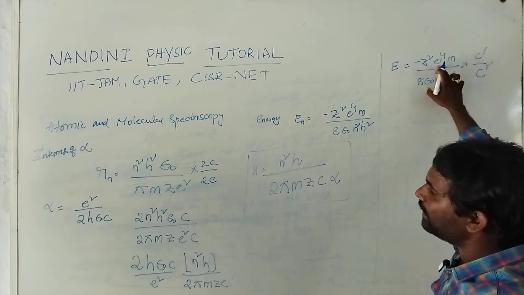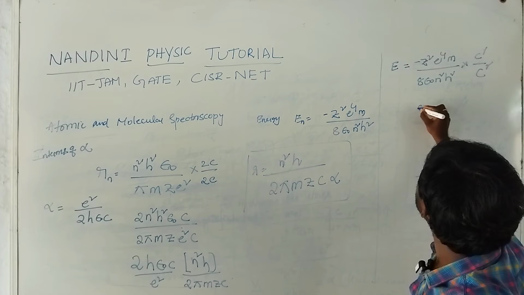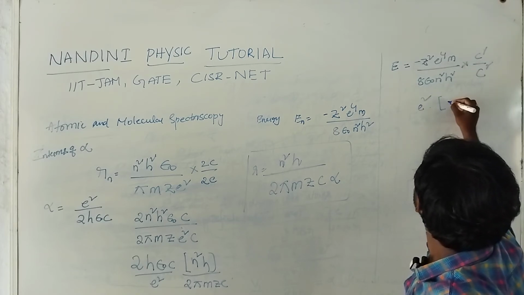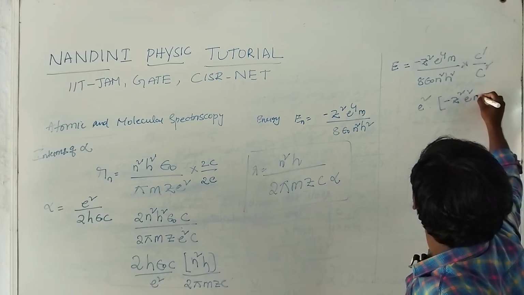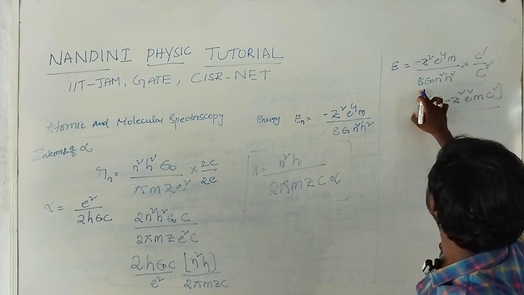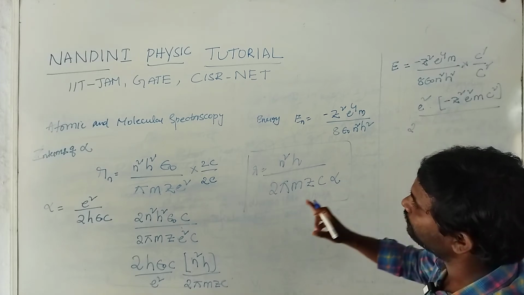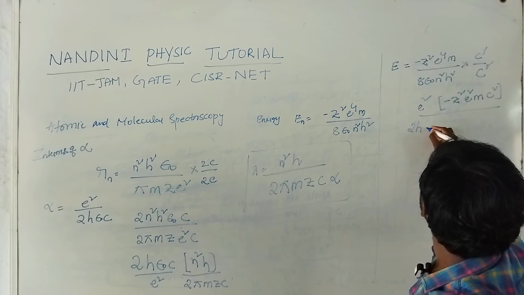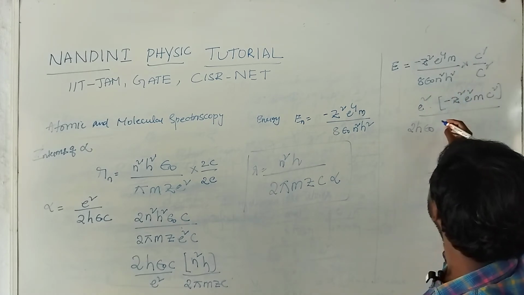Here e square is there, I want e square, so you will take e square as common. And the remaining term is minus Z square e square m c square. And take the common here, so I want 2, 1 h will be common, and c 1 epsilon naught, and c 1 c.